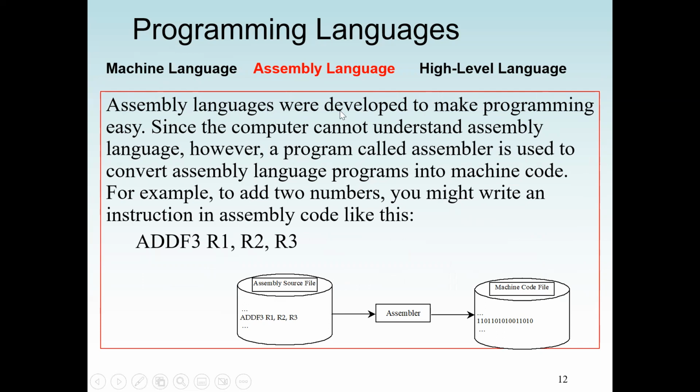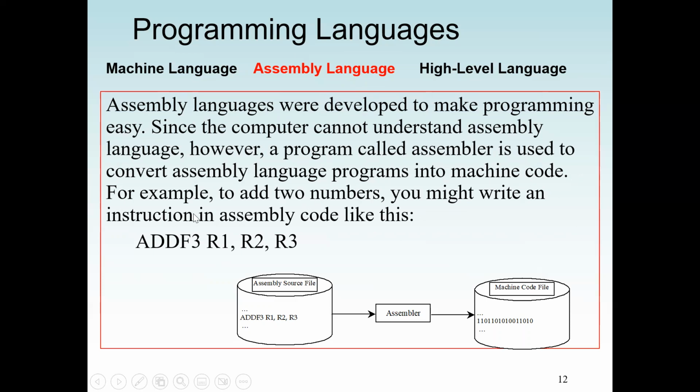The next generation was the assembly language. Assembly language was developed to make programming easier. So instead of using machine language, now we can use assembly language. Assembly language also needs a special program which we call the assembler that converts the language to machine language. Since the computer cannot understand assembly language, a program called an assembler is used to convert an assembly language program into machine code.